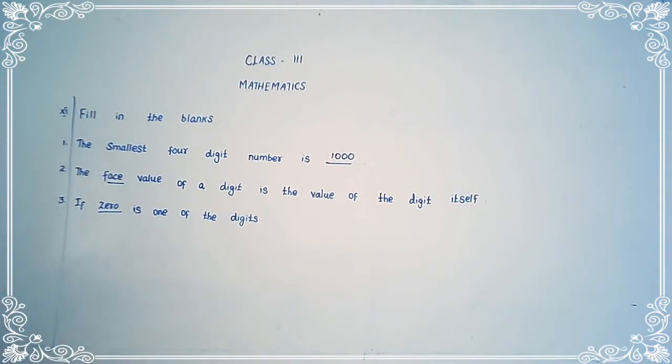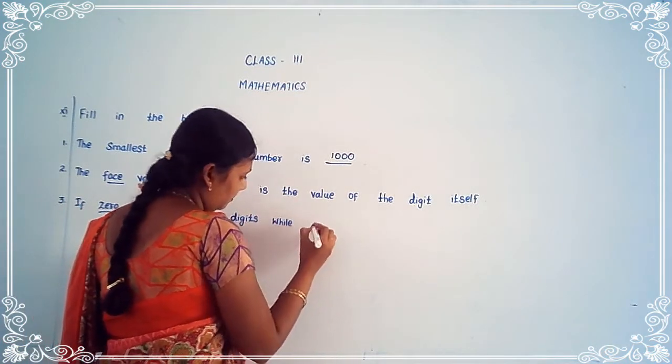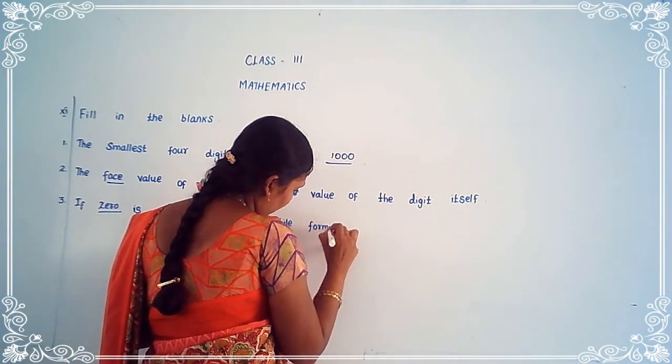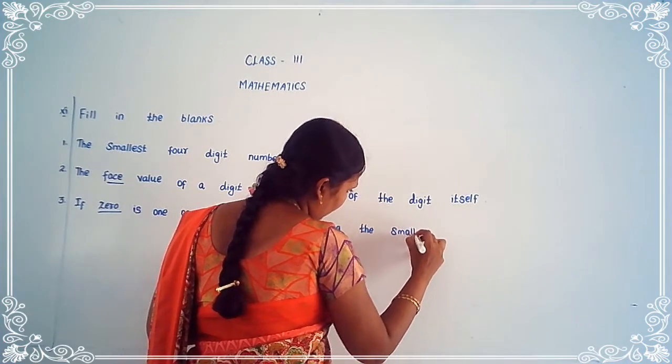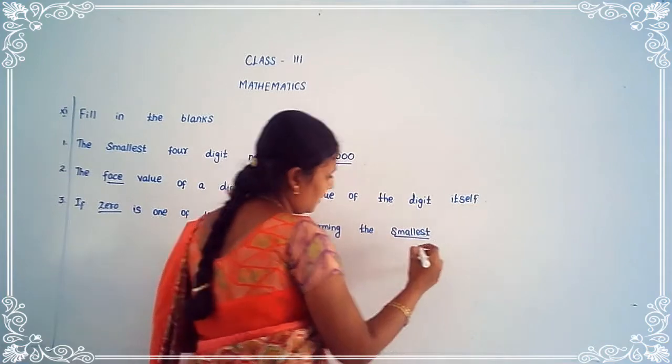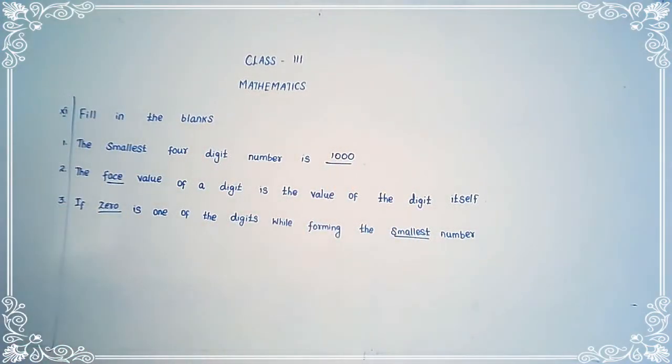If 0 is one of the digits, while forming the smallest number. W-H-I-L-E while, F-O-R-M-I-N-G forming, smallest number.